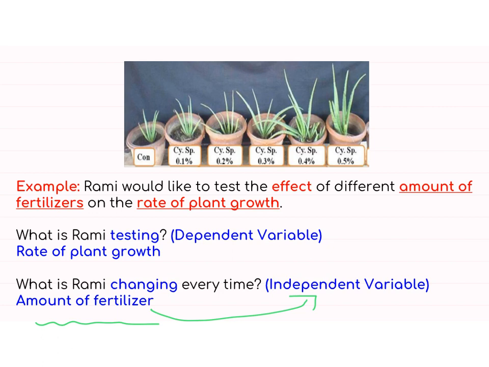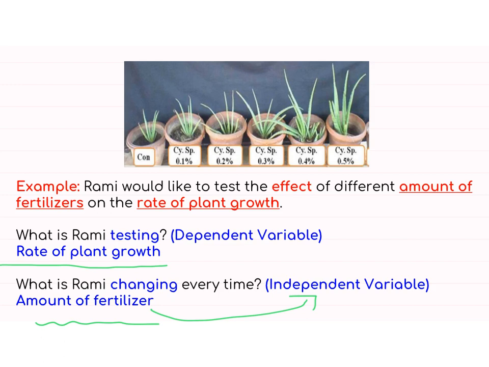So Rami is monitoring the change in the rate of plant growth as long as he is changing the amount of fertilizer. So the rate of plant growth depends on the change in the amount of fertilizers.